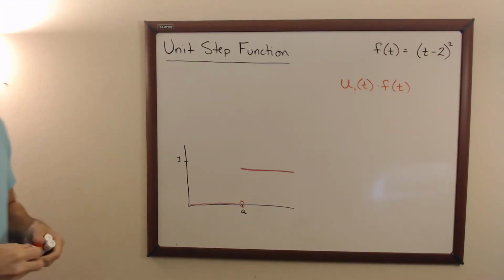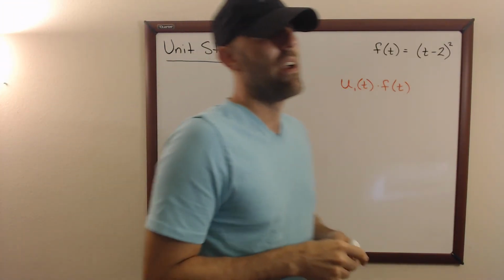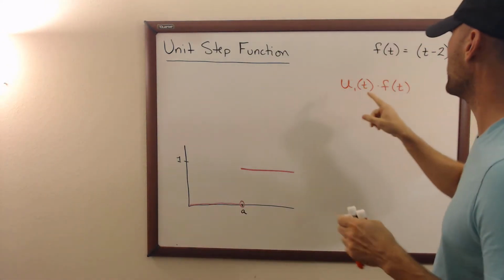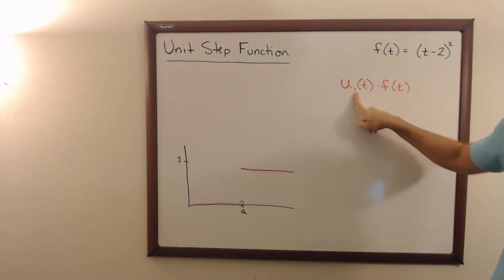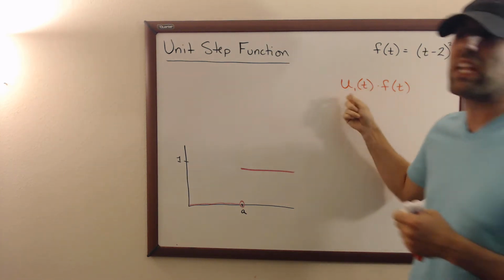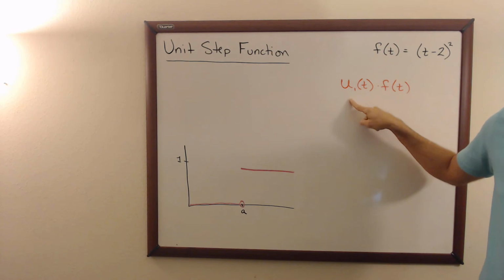Let's think about this for a minute. Remember, u sub a is this value here, where a is 1. For every value of t less than 1, isn't this 0?